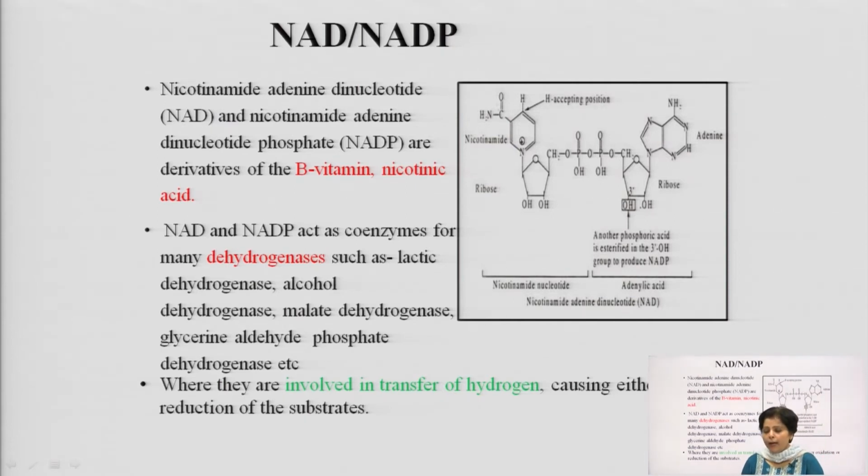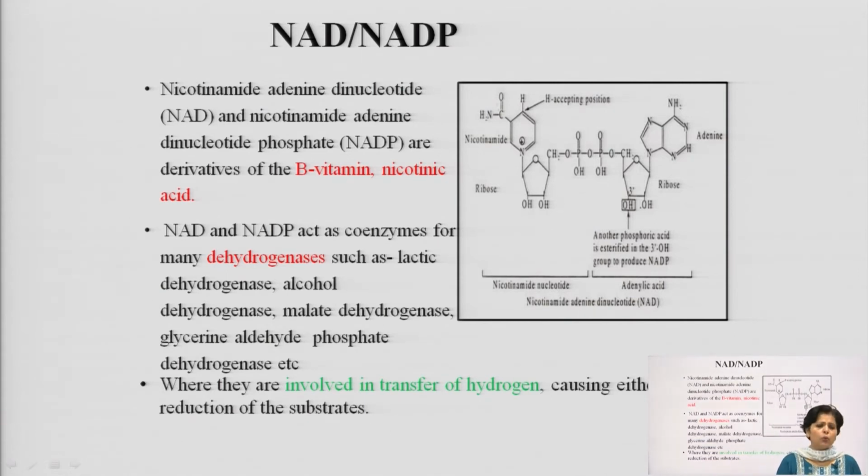NAD and NADP act as coenzymes for many dehydrogenase enzymes such as lactate dehydrogenase, LDH, alcohol dehydrogenase, malate dehydrogenase, glyceraldehyde phosphate dehydrogenase and many more.